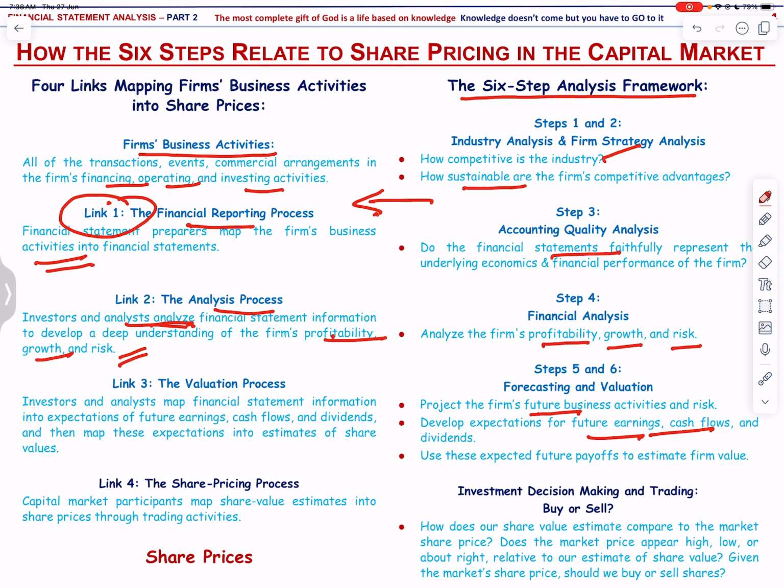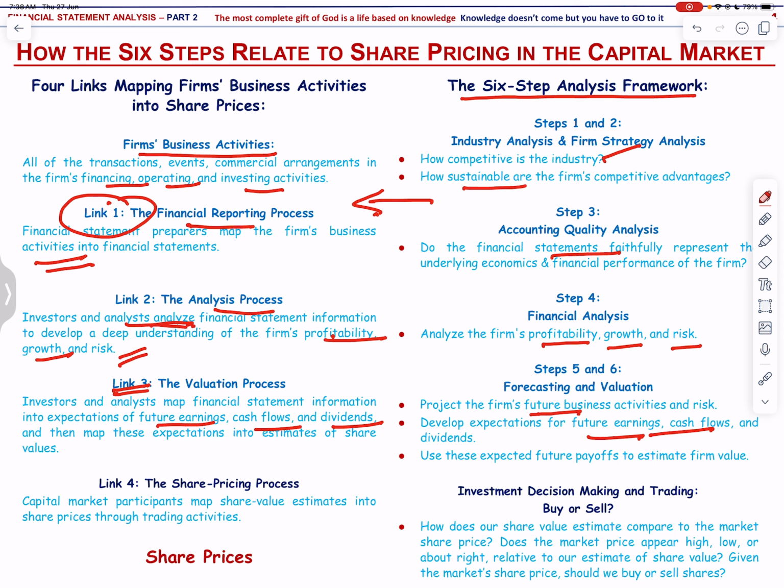These factors are key determinants of the company's share value. In the third link of share pricing, analysts forecast future earnings, cash flows, and dividends using the firm's financial statements.